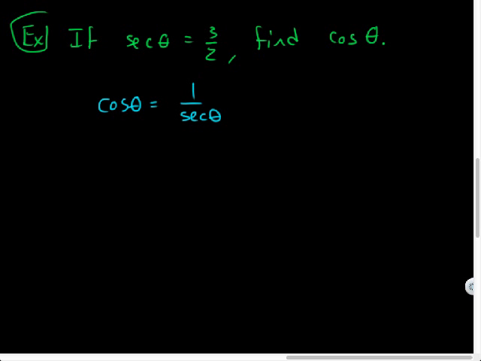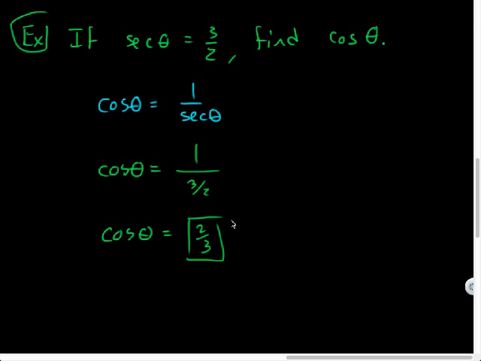So using this identity, one of the recip ones, I could say that cosine of theta is equal to 1 over 3/2. So cosine of theta is equal to 2/3. All right. So 2/3 would end up being the answer. So I was able to use one of my identities.